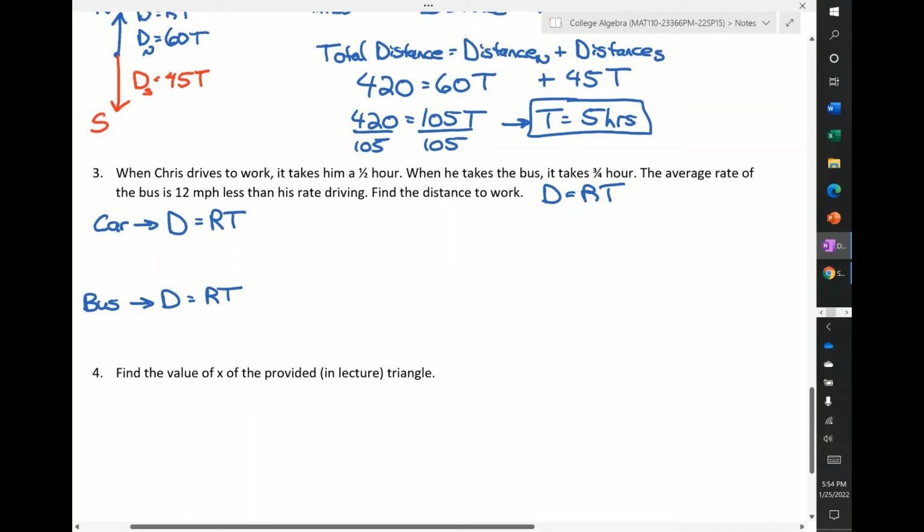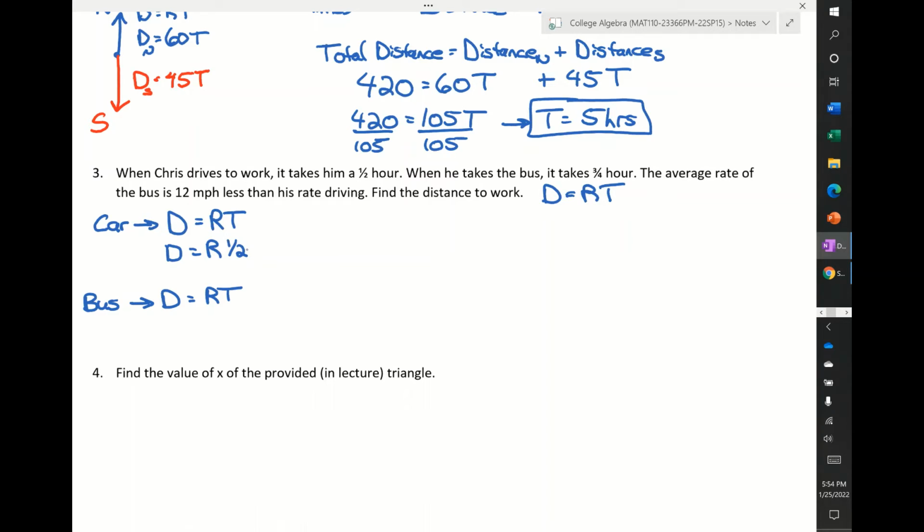We don't know how far that distance is. We also don't know the speed of the car, but we know that it takes him a half hour. So the distance is 0.5 times r. That's if he's driving.